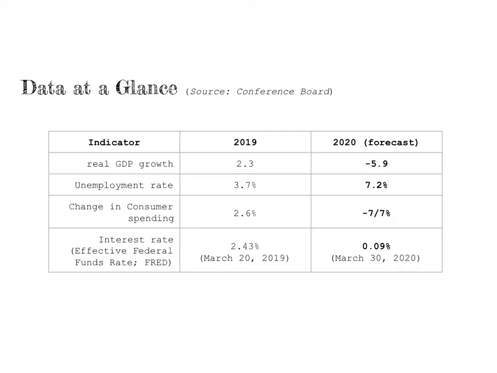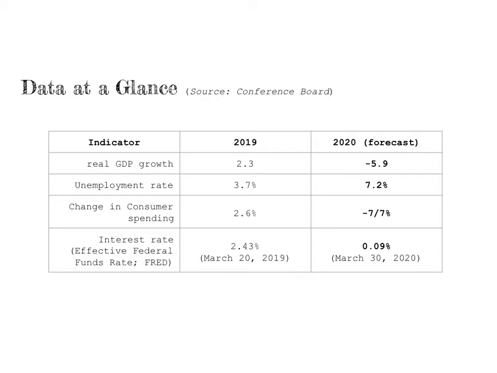Now, here are some current indicators at a glance, and we'll go over them in more detail in a moment. The 2019 numbers are data that has been measured. The 2020 numbers are what was forecast last Wednesday by the Conference Board, a nonprofit think tank that does economic forecasting. And you see here at a glance that the US economy in 2020 will look very different from the US economy in 2019.